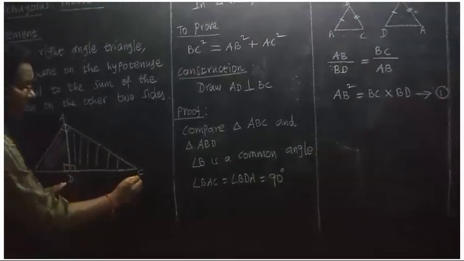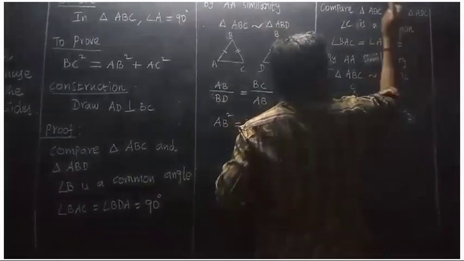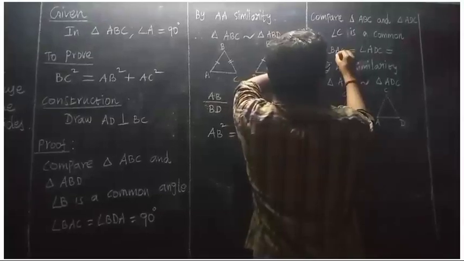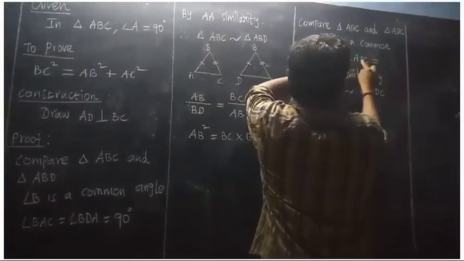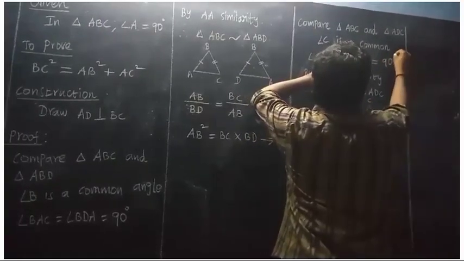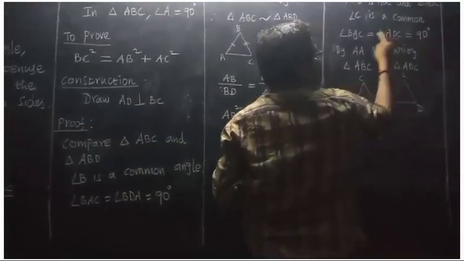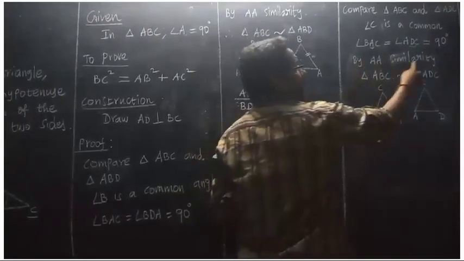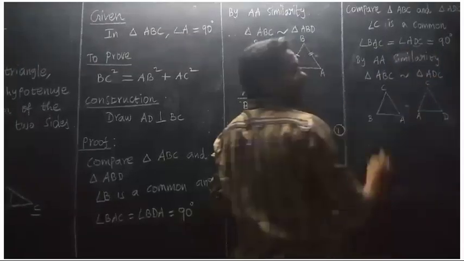In ABC and ADC, C is a common angle, and also angle BAC equals angle ADC, that is A and D, equal to 90 degrees. Angle C is a common angle. By angle similarity, triangle ABC is similar to triangle ADC.